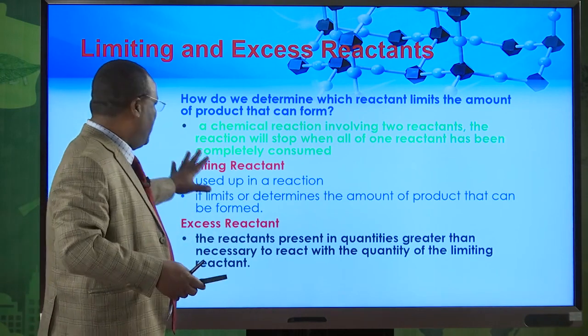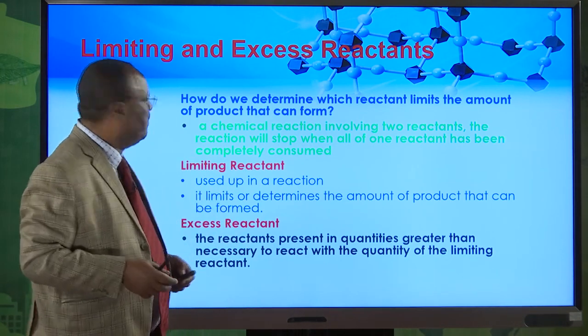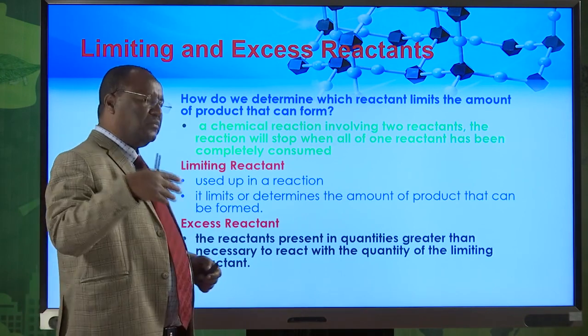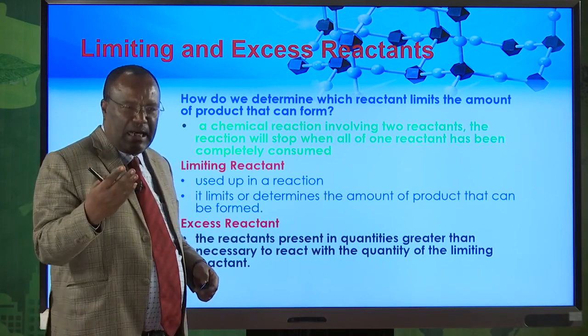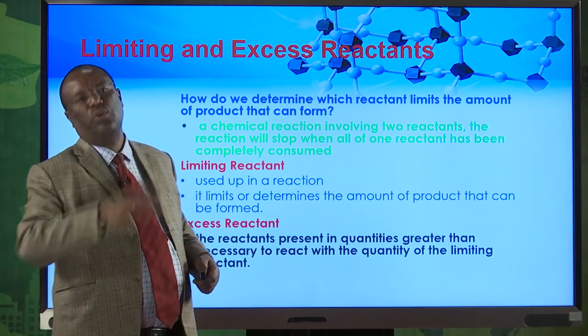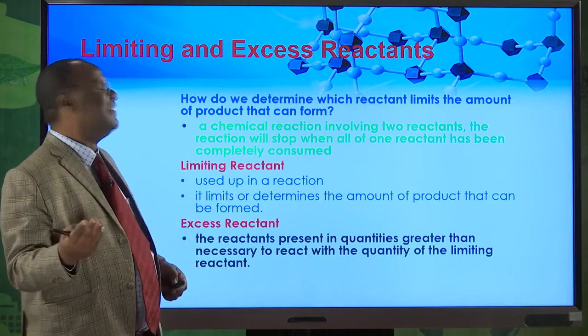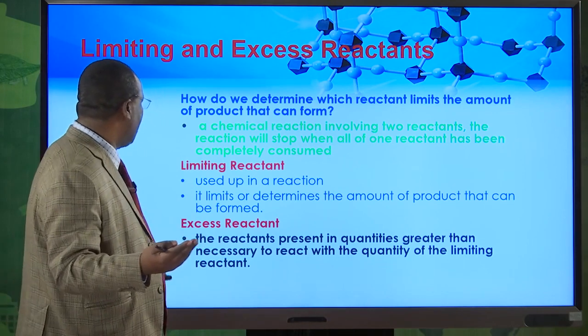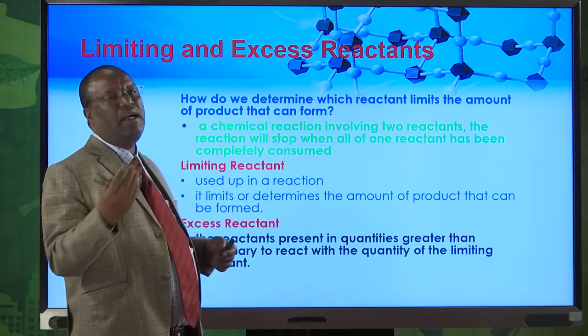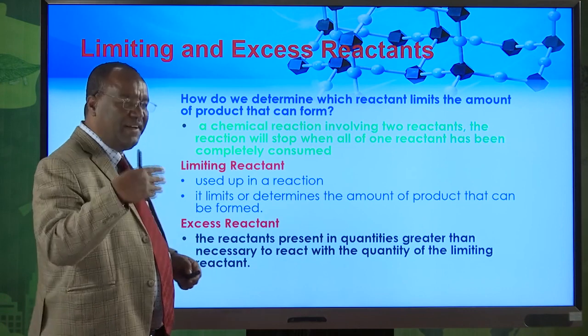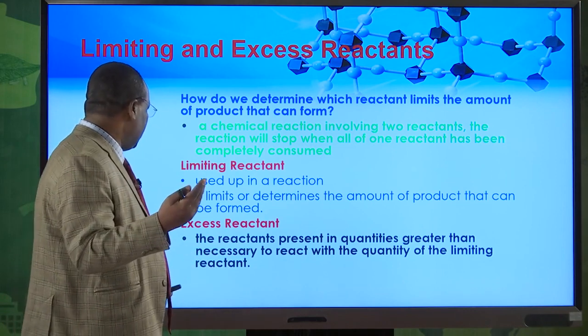The product is based on the limiting reactant, because after the limiting reactant is used up, the reaction will stop. The remaining reactant will be the excess reactant. Let us see how to identify limiting and excess reactants.